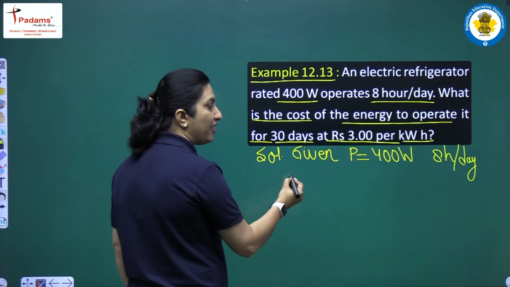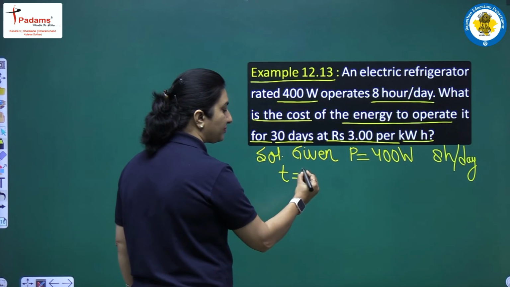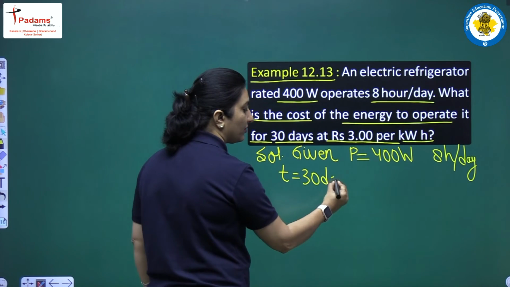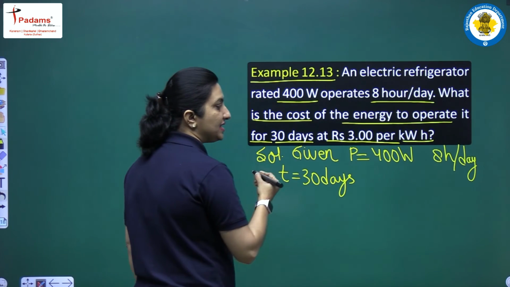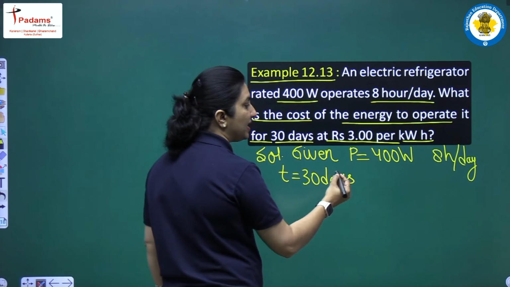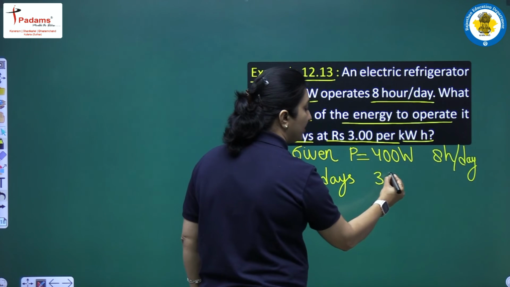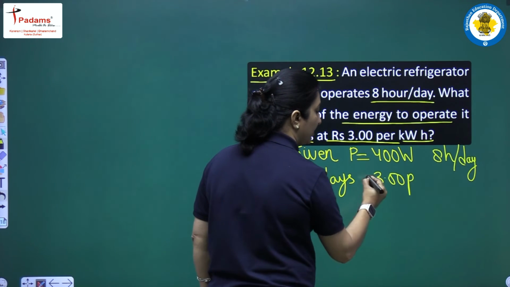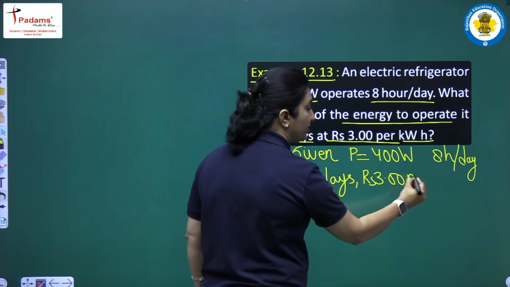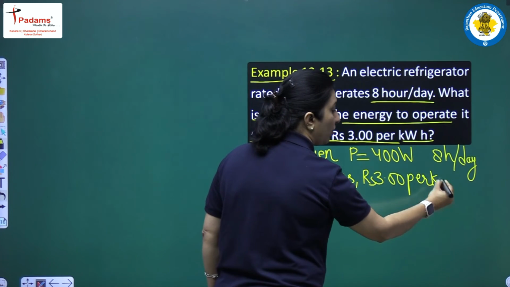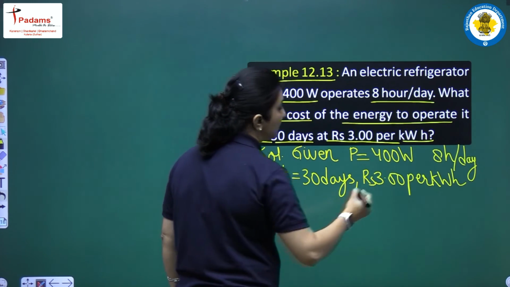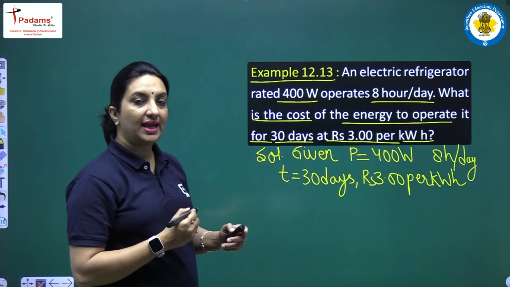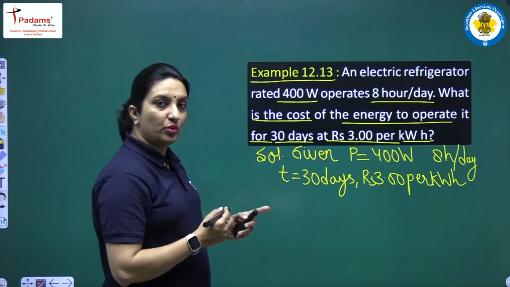So the time we have to take is 30 days, and the cost given is rupees 3 per kilowatt hour.